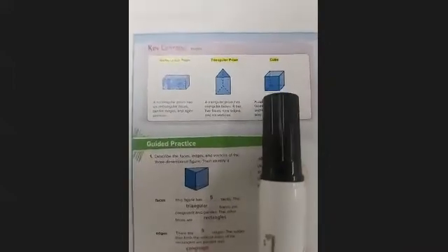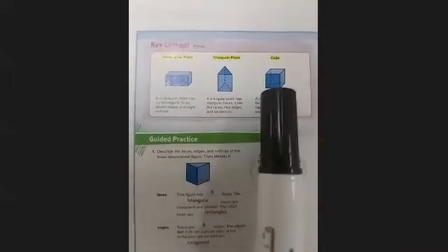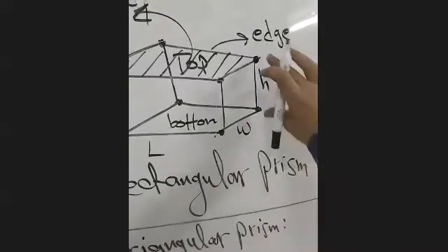Okay. The last one is the cube. The cube is similar to a rectangular prism, but all the sides are equal. Here in the rectangular prism, the length is bigger than the width and they are different from the height.